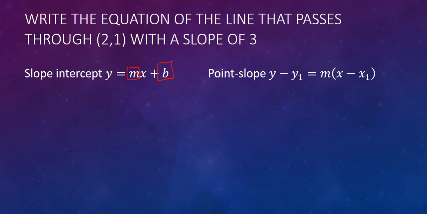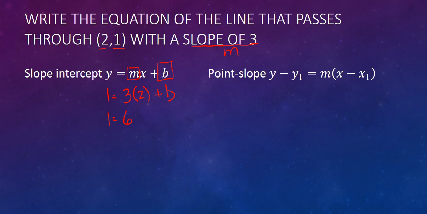Now we already have m, because remember slope is m. But we also need to find b. So we're going to use the values in our ordered pair of x and y. So y is 1, m we know is 3, x is 2 from our ordered pair, and we need to find b.